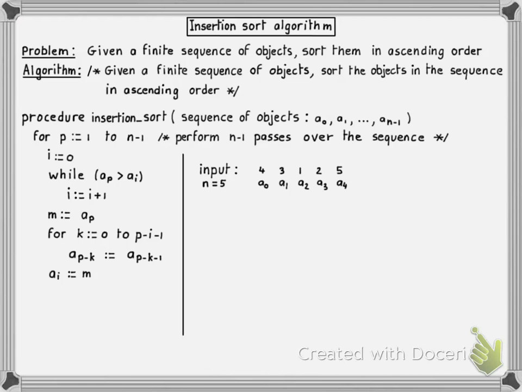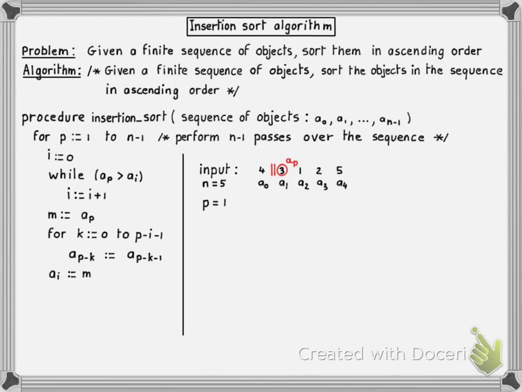So, for p equals 1, we assume that the first element is already in its correct position. The next element to consider is a sub p, or a sub 1. This element will be inserted in its correct position within the sorted part of the array, and in particular it will end up in front of the 4.